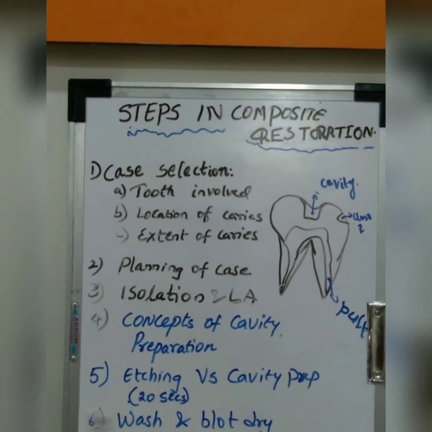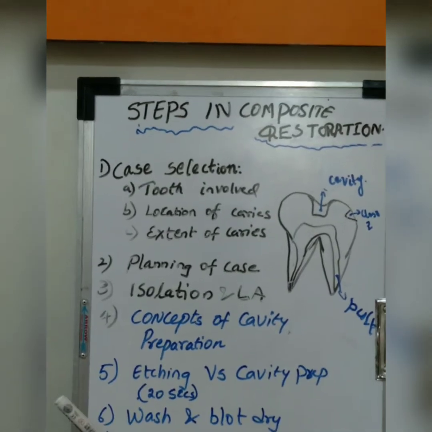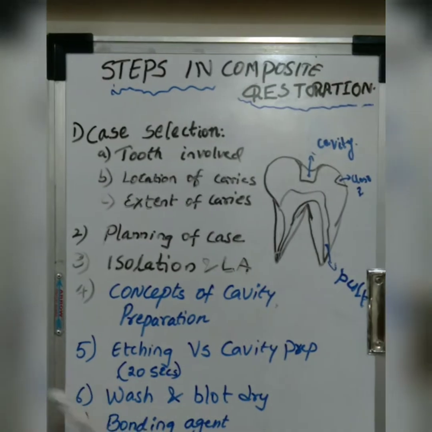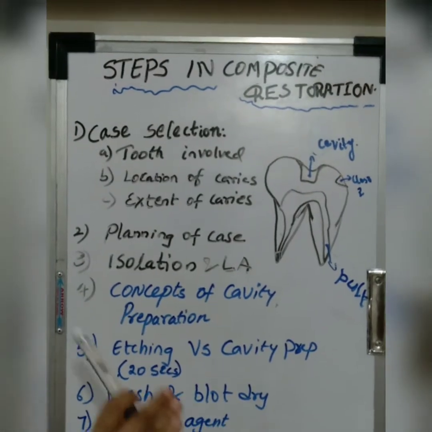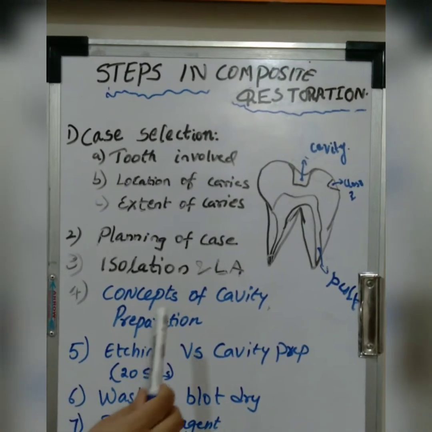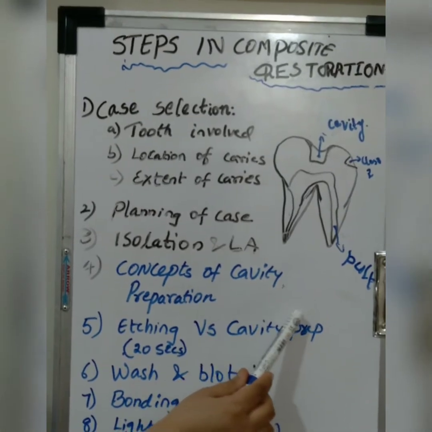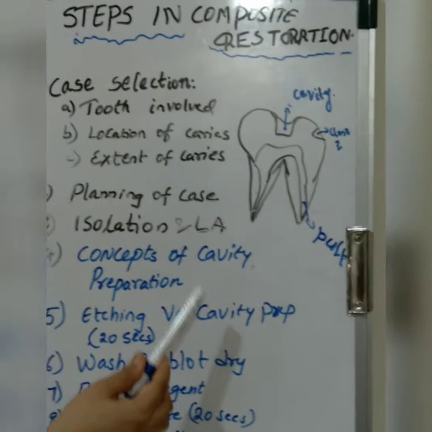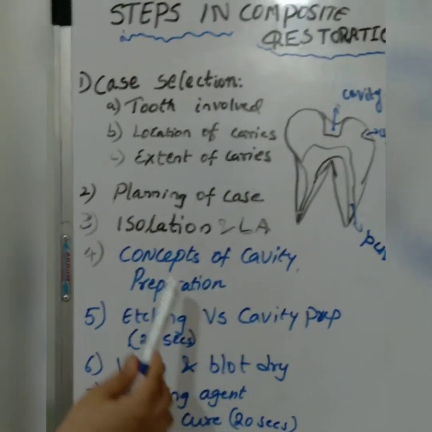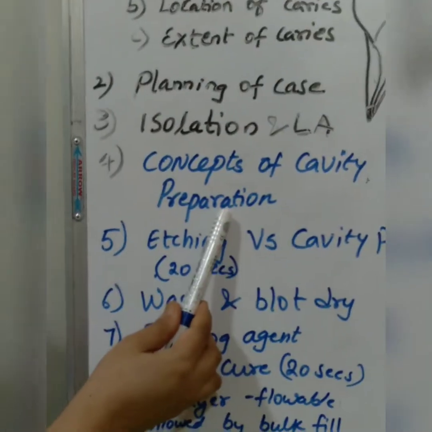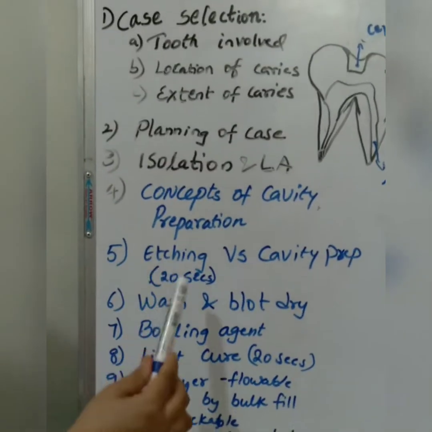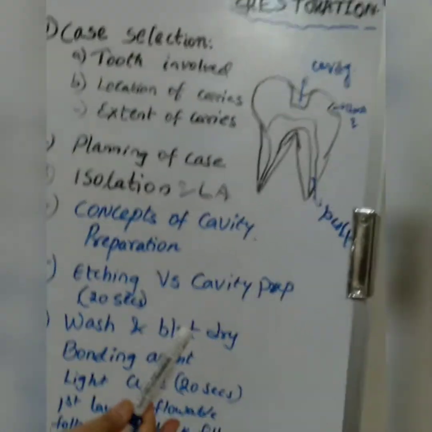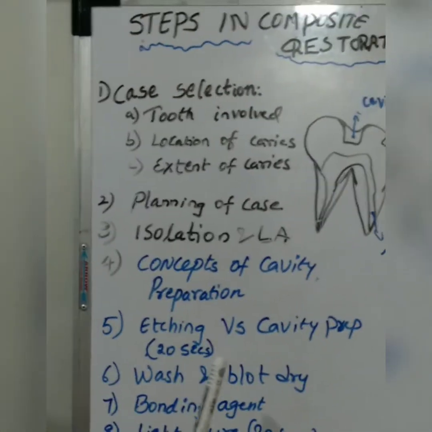These days the most reputed concept is minimally invasive cosmetic dentistry. So everyone wants minimally invasive. Once you have decided the type of restoration, you have to follow those concepts and prepare the cavity. Once you have achieved the cavity preparation, you have to check its retention form, resistance form, convenience form, and everything.